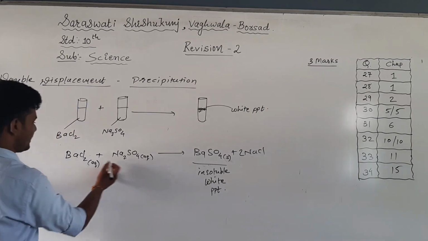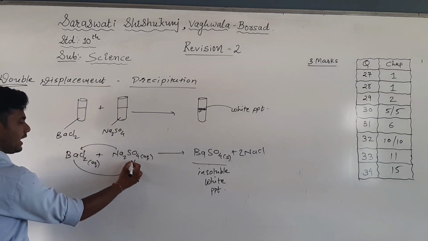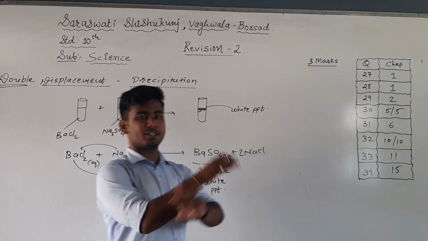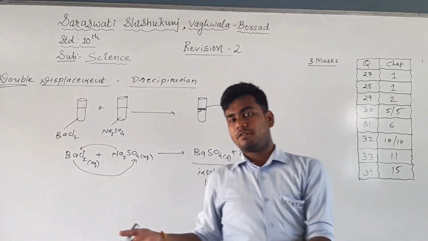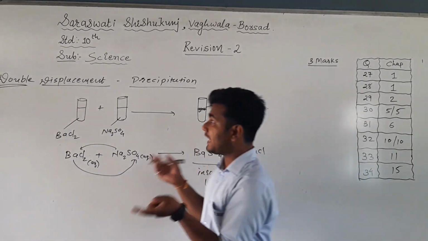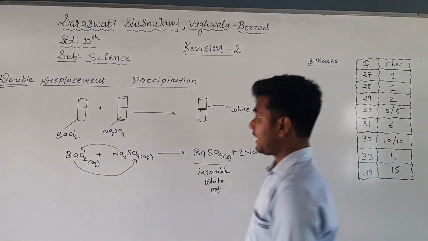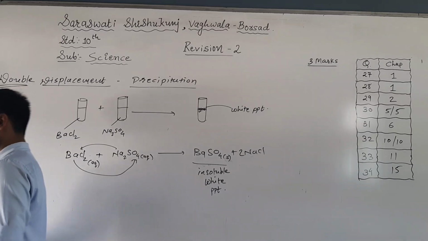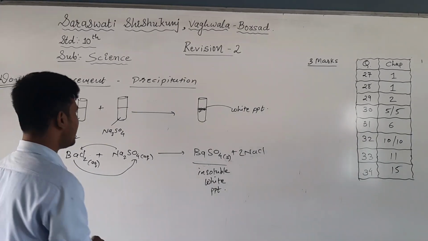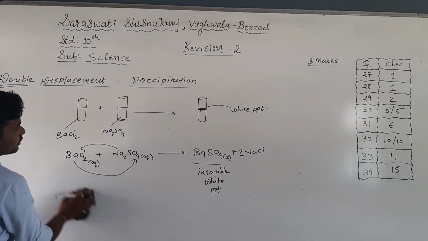And here you can also see that both metals have displaced each other from their salts. So this is called a double displacement reaction. This way also it can be asked in 3 or 4 marks, but most probably it's asked in 3 marks.